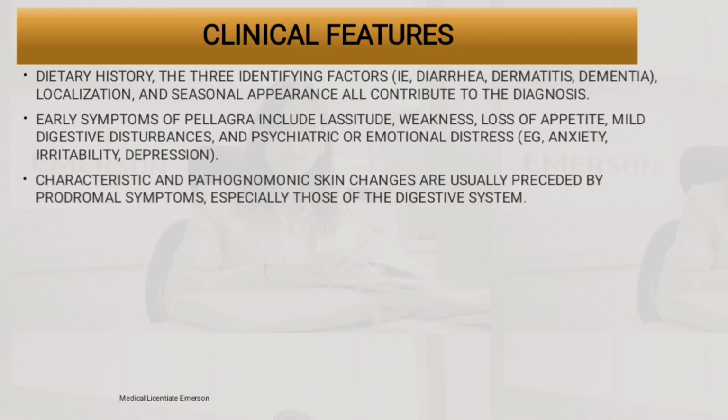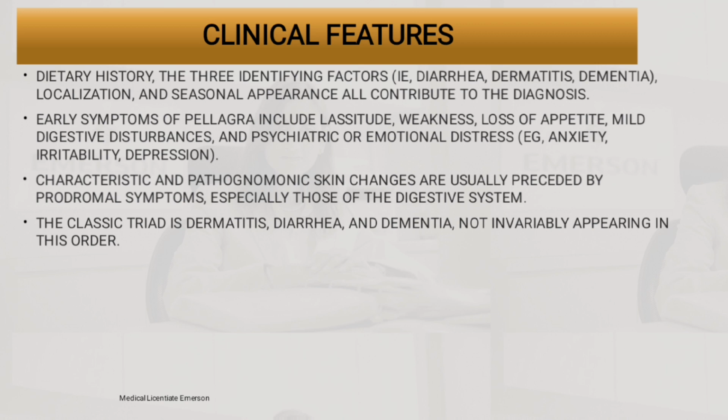Characteristic and pathognomonic skin changes are usually preceded by prodromal symptoms, especially those of the digestive system, so the diarrhea precedes the dermatitis. The classic triad is dermatitis, diarrhea, dementia, not invariably appearing in this order. It's usually more common in this order.